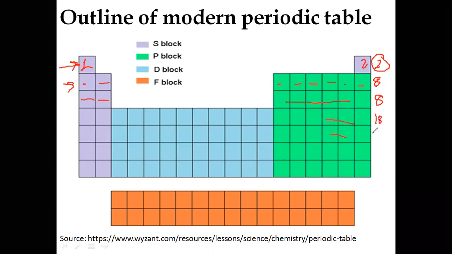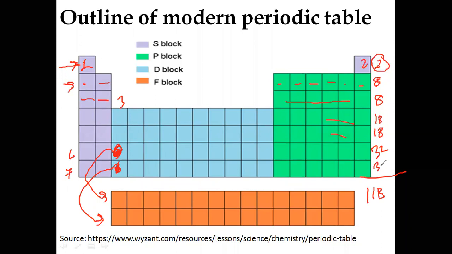If you see it this way, you can't complete your total of 118 elements here. So remember, in group number 3, period number 6, we have a set of 15 elements, and in group number 3, period number 7, again we have a set of elements, which is represented here. So remember, periods number 6 and 7 contain more than 18, that is 32 elements each. That's why it counts completely to 118 elements.